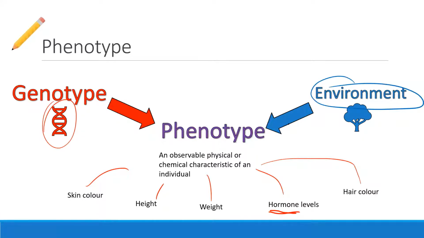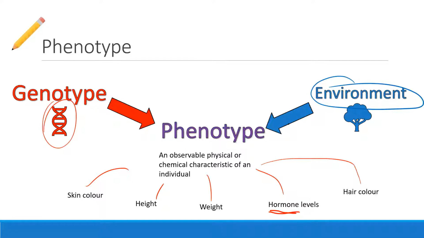When I say environment, I'm talking about what things you do in your life, what things happen to you in your life, where you live in the world, what you eat, how much you exercise. All of these things will control a lot of different aspects of your world, and therefore they will control a lot of these different traits down the bottom.